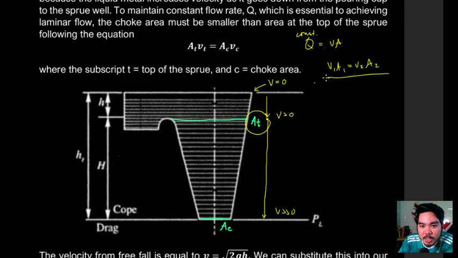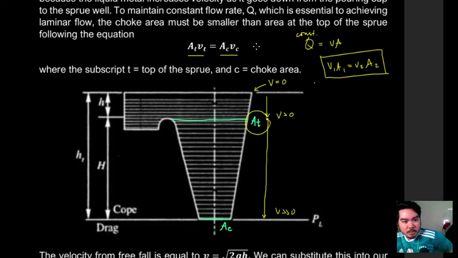And this is a very familiar equation, no? If you've taken ES15, sobrang daming formulas that come from this basic constancy of volumetric flow rate, no? Okay, so in our case, ATVT is just equal to ACVC. Okay, so from here, ATVT equals ACVC.